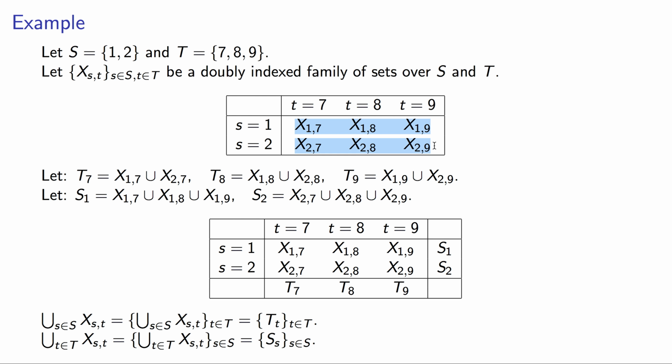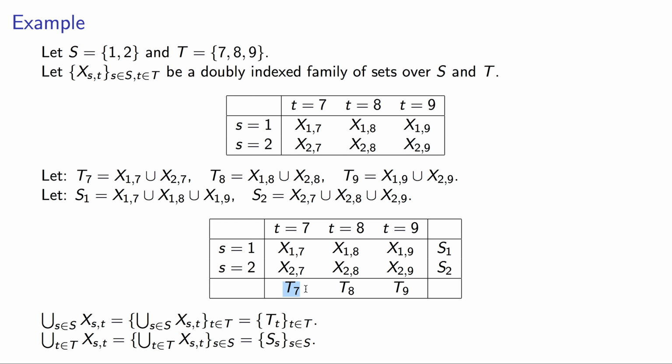So the family is going to have 6 members, and I'm not going to specify any particular values for these sets. We'll be forming unions and intersections, but in order to do so, let me introduce some auxiliary notation.